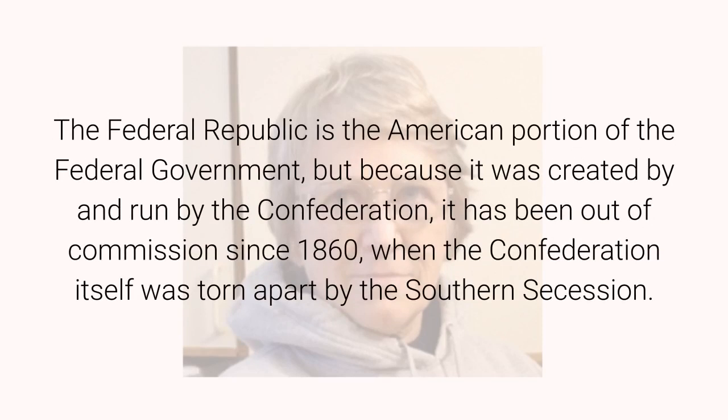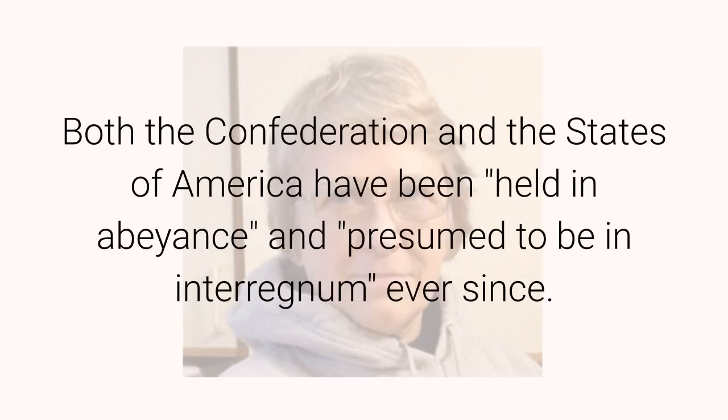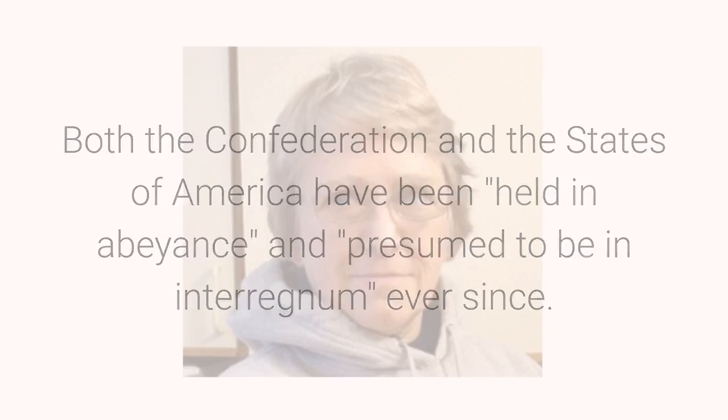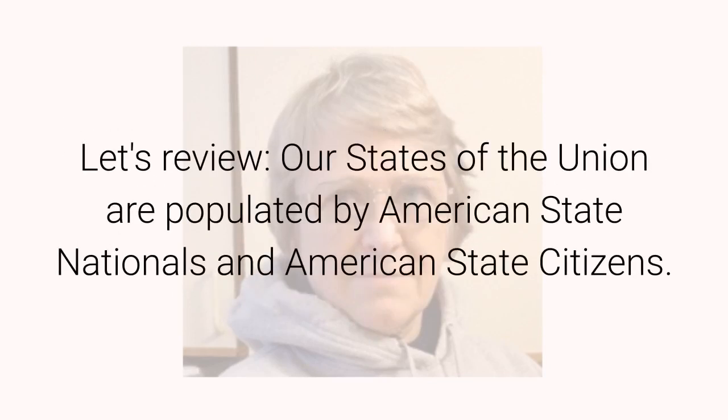The Federal Republic is the American portion of the federal government, but because it was created by and run by the Confederation, it has been out of commission since 1860, when the Confederation itself was torn apart by the Southern secession. Both the Confederation and the States of America have been held in abeyance, and presumed to be in interregnum, ever since.